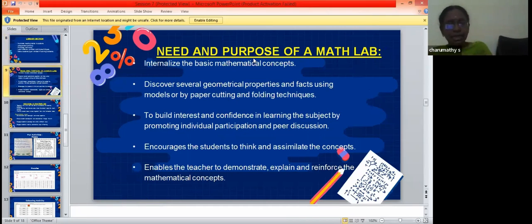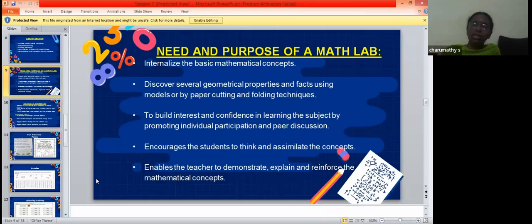So this is the need and purpose of a math lab. Why should we need a math lab, and why should we create one in our school? I think we have discussed all these things. Anyway, I'll brief it out. Internalize the basic mathematical concepts. This is the place where we can explore the basic mathematical concepts that were taught in the classroom.